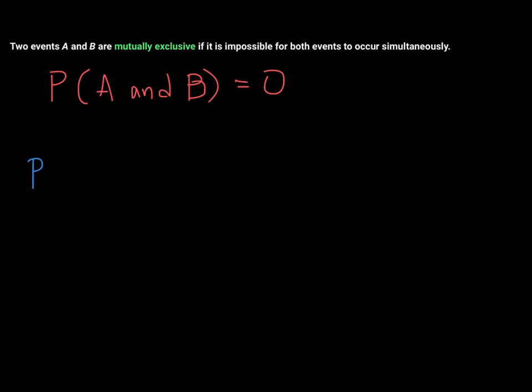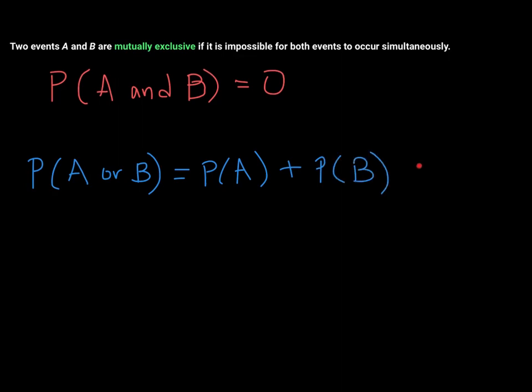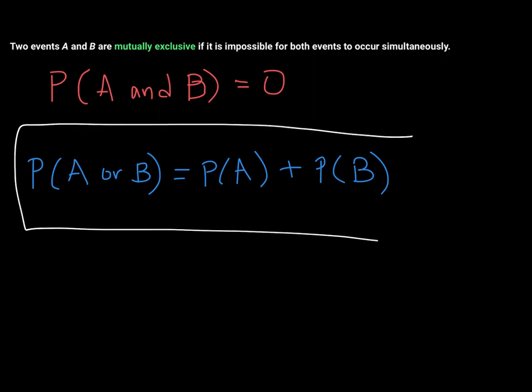If you have two events that are mutually exclusive, then this addition formula, the probability of A or B, simplifies to just this, everybody. P of A plus P of B. Usually right after this, we have minus P of A and B, but that's going to be 0, so we don't even bother writing it. So our addition formula is so much simpler when the two events are mutually exclusive.